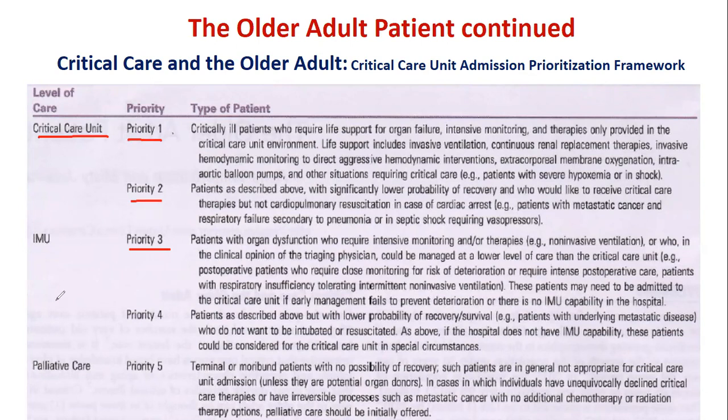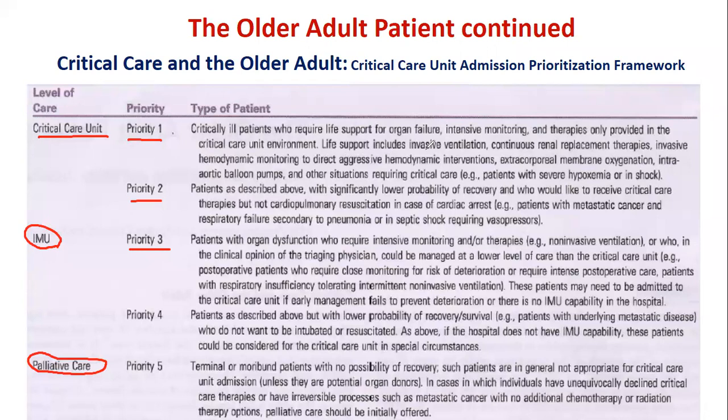Also IMU care and also palliative care. So priority 1, they said, is critically ill patients who require life support for organ failure or intensive monitoring, and need therapy only provided in the critical care unit, right?